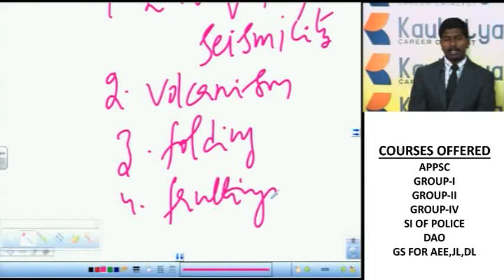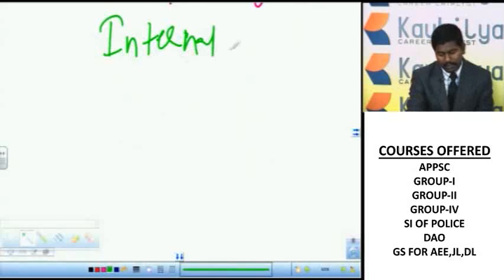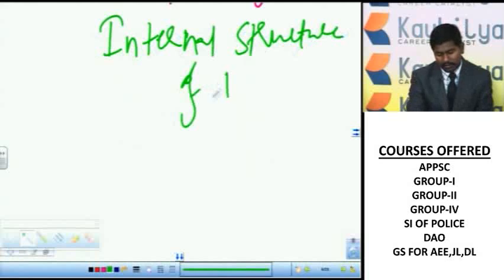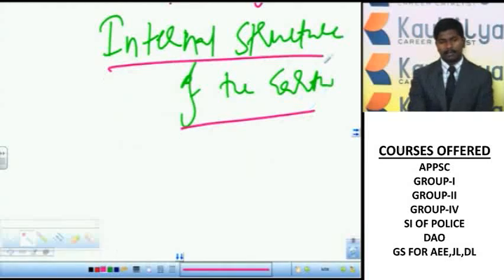So to understand these endogenic forces, we have to know about the internal structure of the earth, or the interior earth.